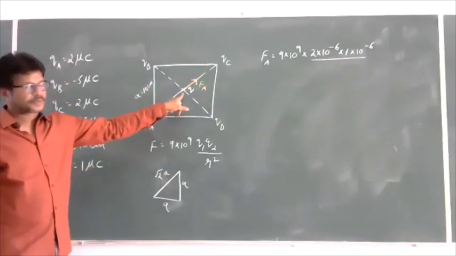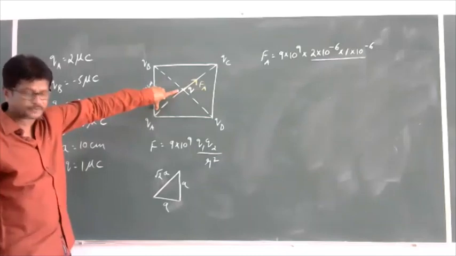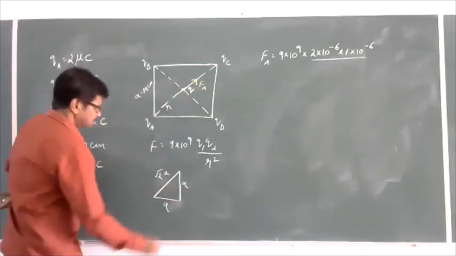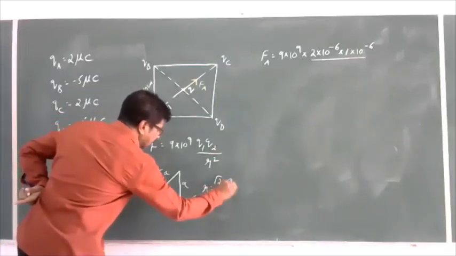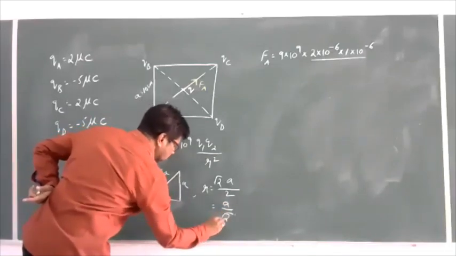In that we want only the half. So if I call it R, R is root 2 A by 2, which is equal to A by root 2.